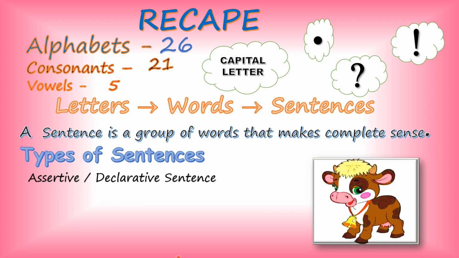These are the facts. These sentences come in assertive or declarative sentence. Or when I'm saying I'm a teacher, I'm teaching you, this also comes in assertive sentence. Children, remember, an assertive sentence always ends with a full stop.